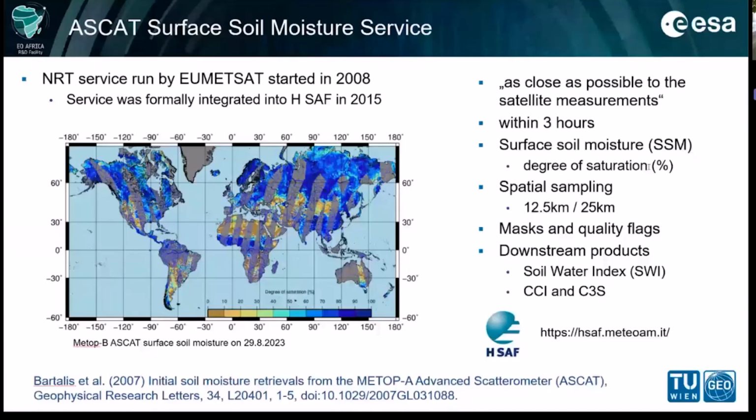In a way, it's our most important product because there are a couple of downstream products, like for example, a soil water index product that is being delivered by the Copernicus Land Monitoring Service. And this product also goes into the climate change initiative data from the European Space Agency, or into the climate change service of Copernicus.